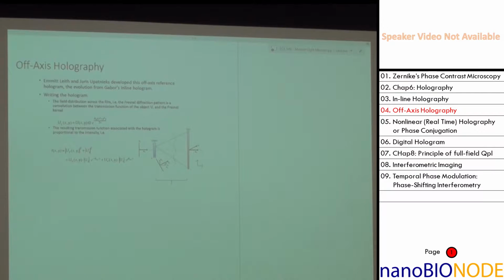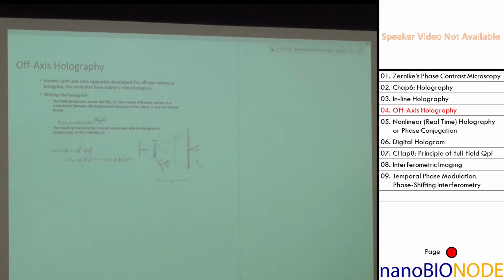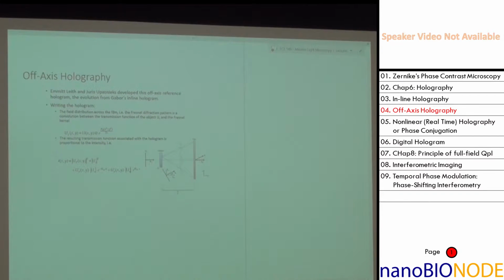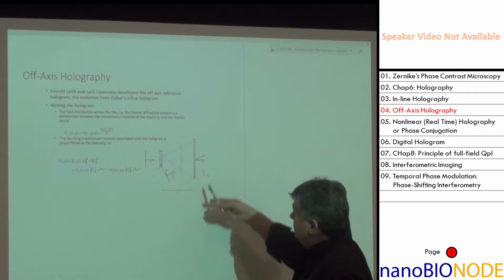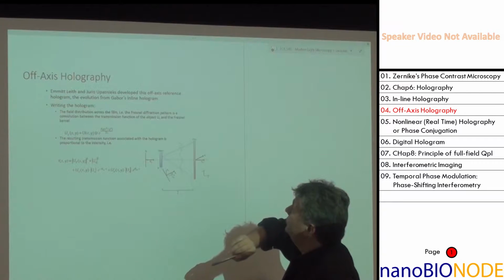So we call Gabor's holography inline holography, meaning you put a hologram on axis, you illuminate on axis, you read it on axis. It's all on the same line. You see what I mean? Off-axis is different.